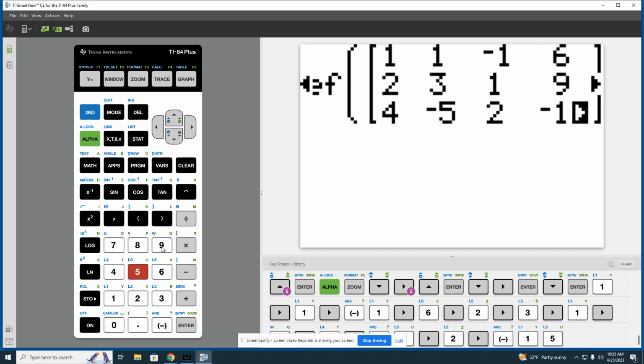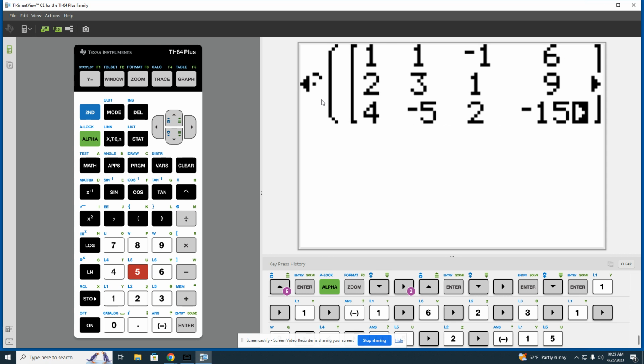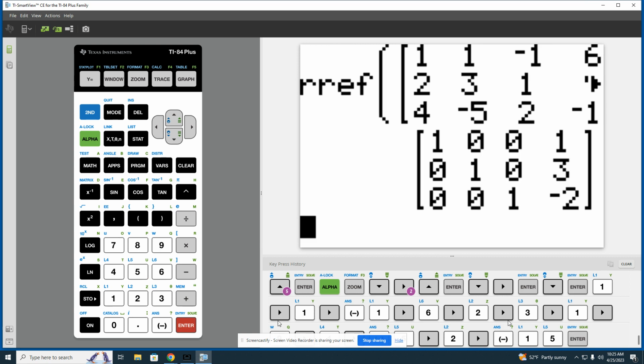Now look, we've got our RREF of this system of equations. We push equals. Remember how if those ones are diagonal, that means that my blank value is 1. X is 1. Y is 3. And Z is -2.